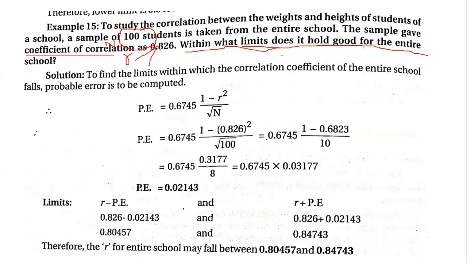Okay, so to find limits for the entire school, first thing you have to calculate is the probable error. Okay, so the first thing you have to calculate is probable error. Now, if you calculate probable error, you will be able to also calculate the limits that is required to hold good for the entire school.